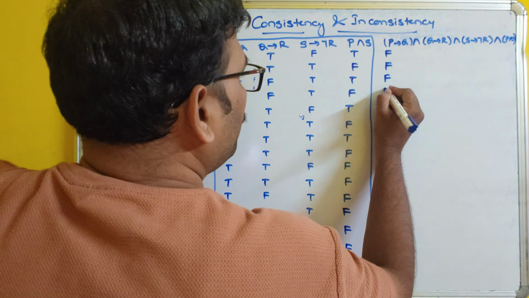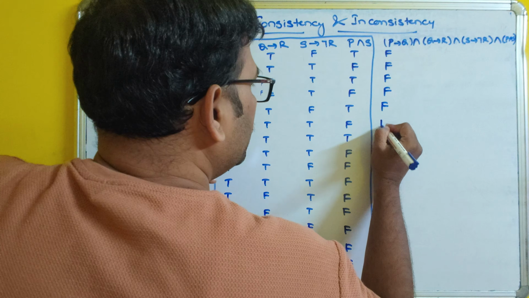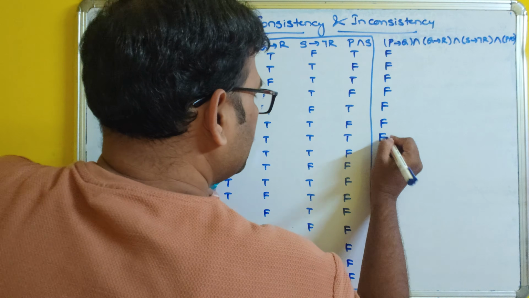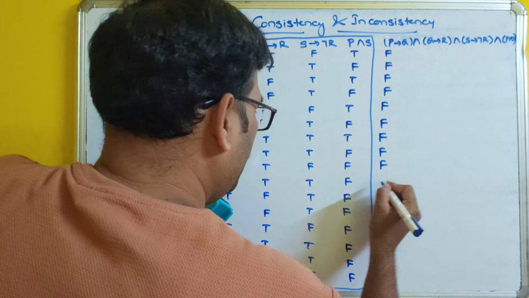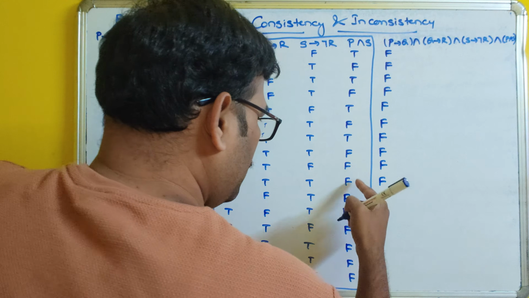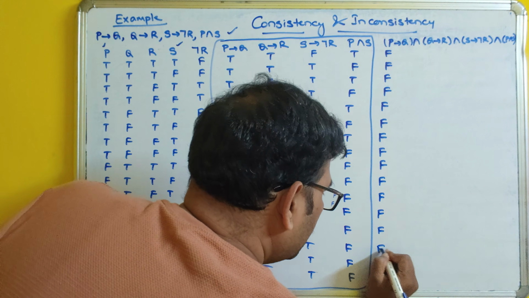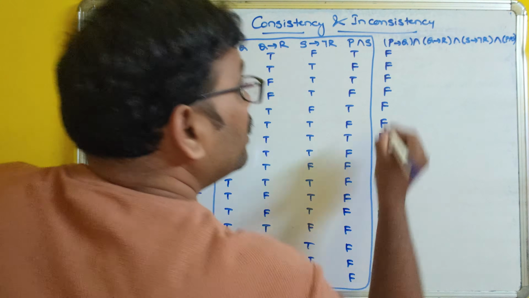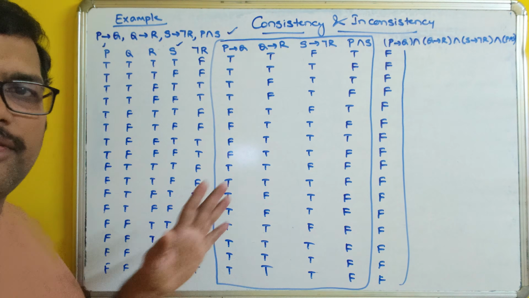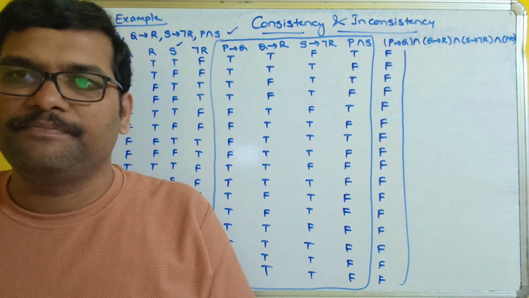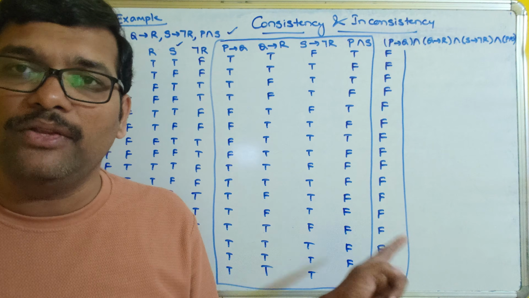Here also we get a false, and here also false. For every combination we got a false. You can observe that all the truth values are false. There is not even one truth value that is true.